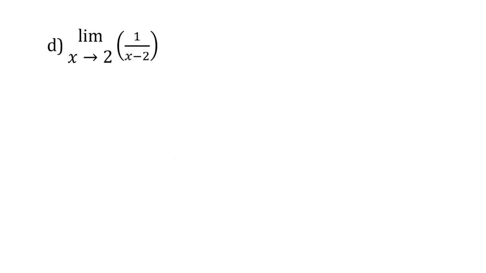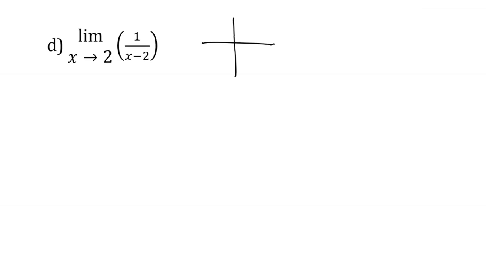Now, right away when I look at this question, I can see that I have a rational function with a vertical asymptote at 2, and I'm asking for the limit as x approaches 2. So there's a few things that could happen. Now, if you know a lot about rational functions, you would already know kind of what's happening here.